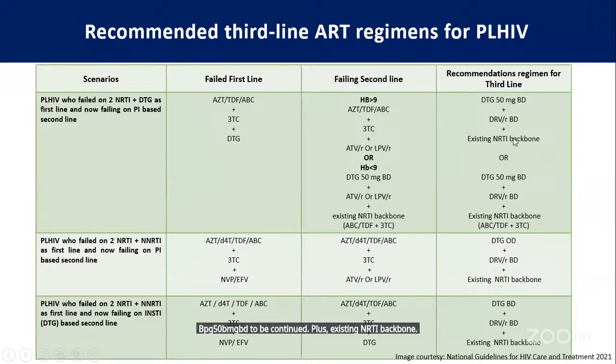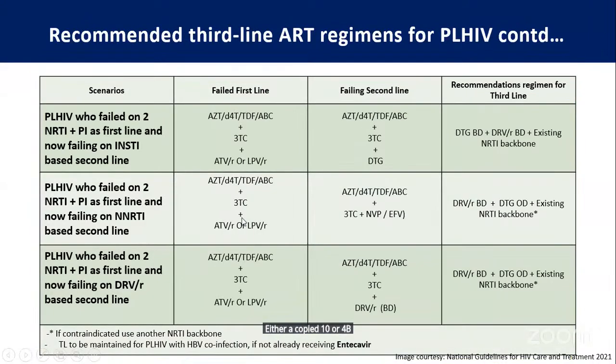Or if needed, some recycling of the NRTI backbone is also allowed, checking the hepatitis B status. Or it could be DTG 50 mg BD, DRV/r BD plus the existing NRTI backbone in a similar scenario, either abacavir, or tenofovir plus lamivudine.